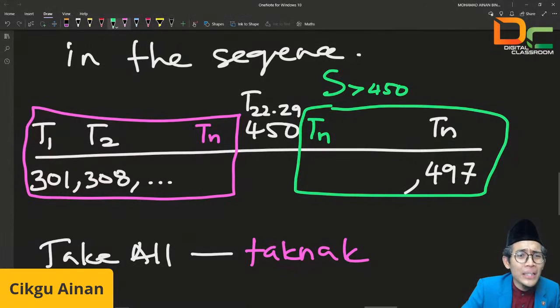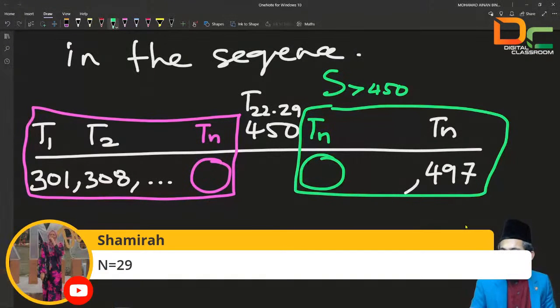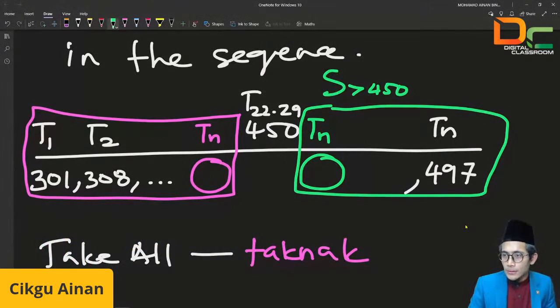Macam mana nak cari? Senang aja. 450 we know cannot. So we try number smaller. 449. Divide by 7. Dapat tak? Tak dapat. Okay, now we keep increasing. Dapat?